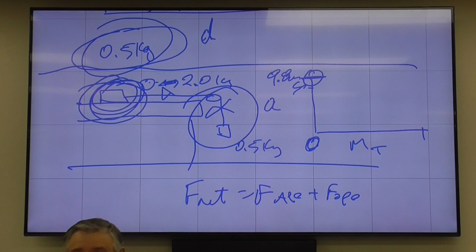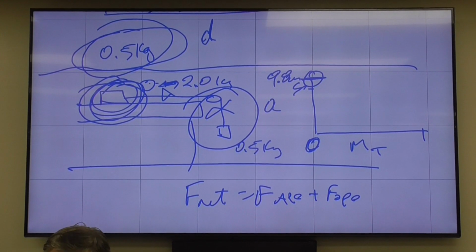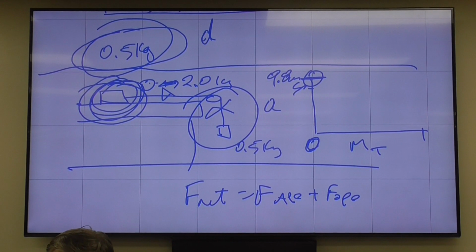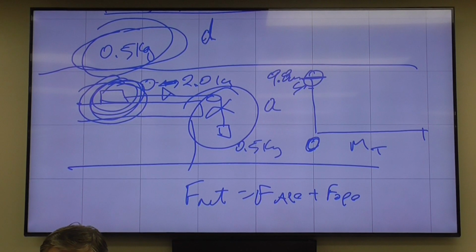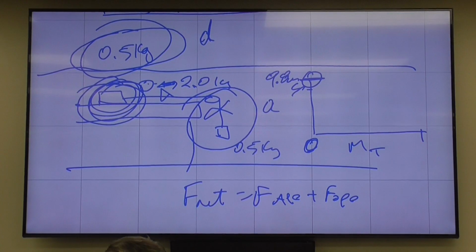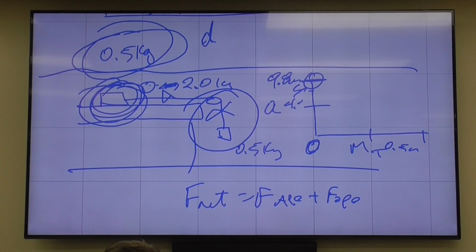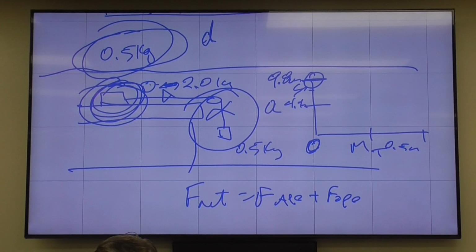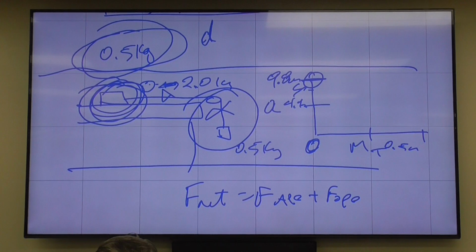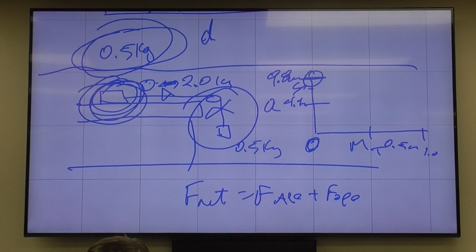You always divide by the combined mass of the system. Everything's being accelerated. So if this is a half a kilogram, the acceleration's gonna be 4.9. So if you're at 1 kilogram, it's gonna be even smaller, right?